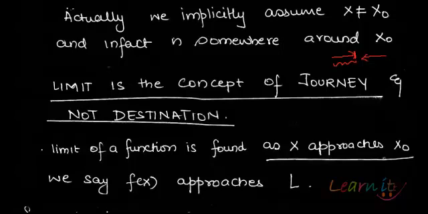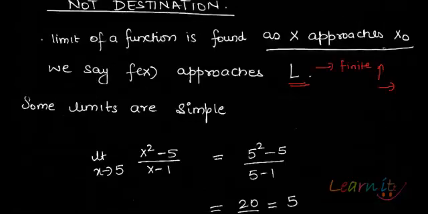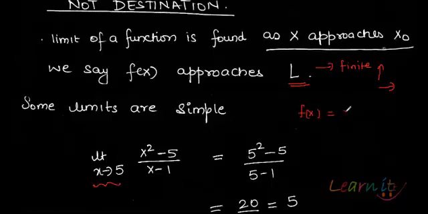Now the limit of a function is essentially found as x tends to x naught. We say that f(x) tends to or approaches a certain finite limit L. This L has to be finite. So as x tends to some place, f also tends to some place. Take some very simple limits, like a function f(x) equals x square minus 5 upon x minus 1.